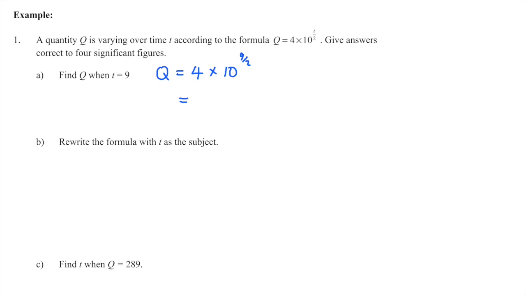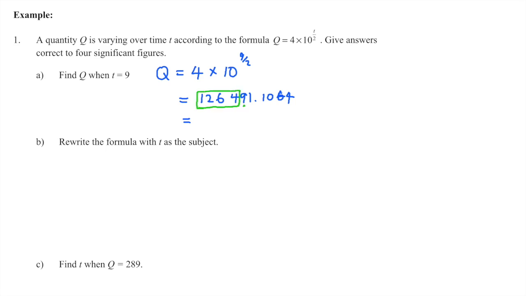Put that into the calculator and it wants it to 4 significant figures. Now the answer is actually 126,491.1064. To 4 significant figures, there are the first 4 digits.